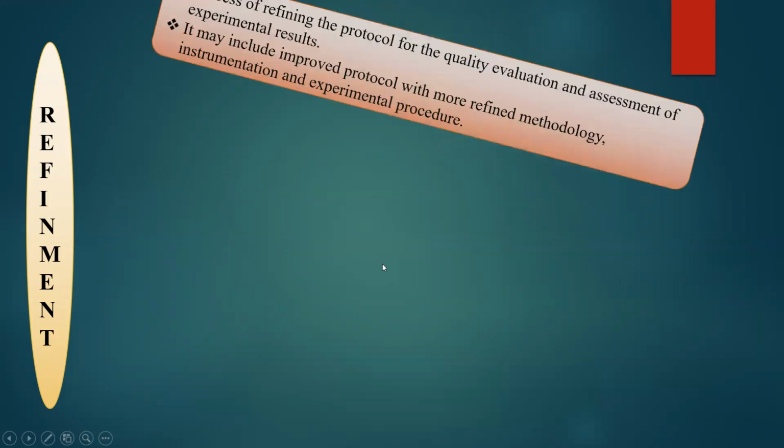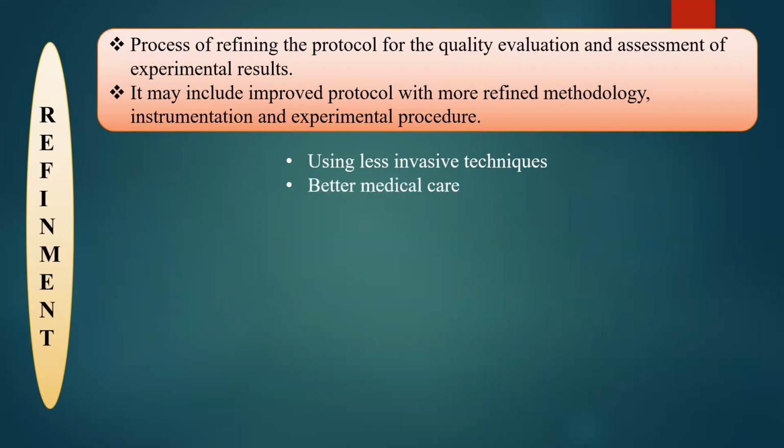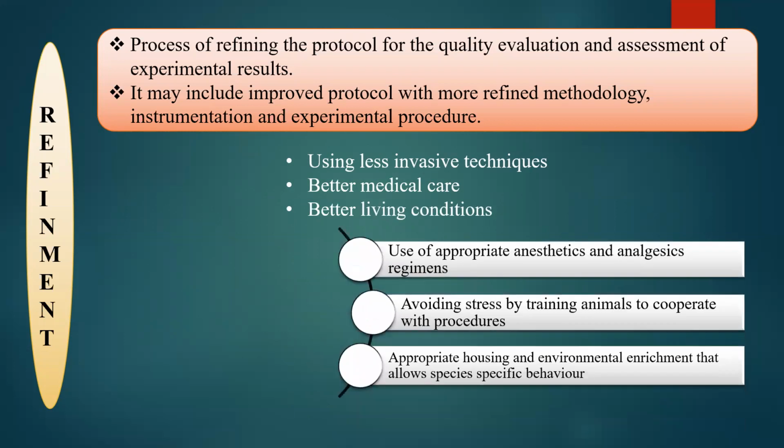So what is refinement? It is the process of refining the protocol for the quality evaluation and assessment of experimental results. It may include an improved protocol with more refined methodology, instrumentation, and experimental procedure. Here, it can be carried out using less invasive techniques, better medical care and better living conditions.